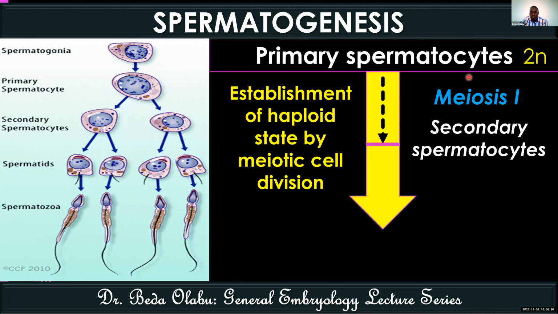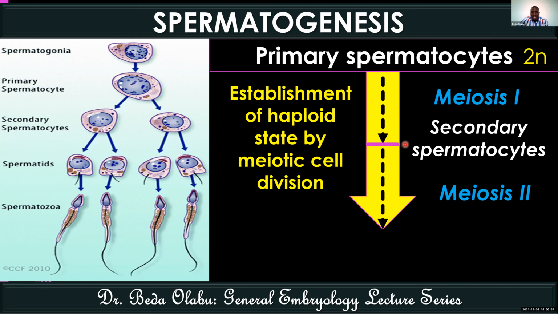So those 23 pairs of chromosomes, the pairs are separated so that each chromosome will go a separate way. They'll no longer be paired. So eventually, the daughter cells will have 23 chromosomes each. And those are the ones we call the secondary spermatocytes.